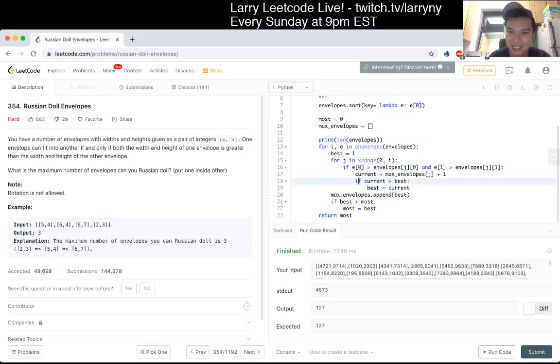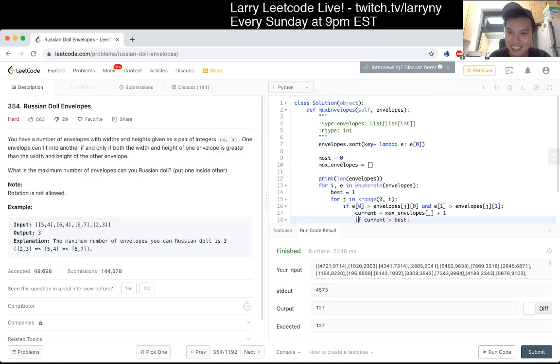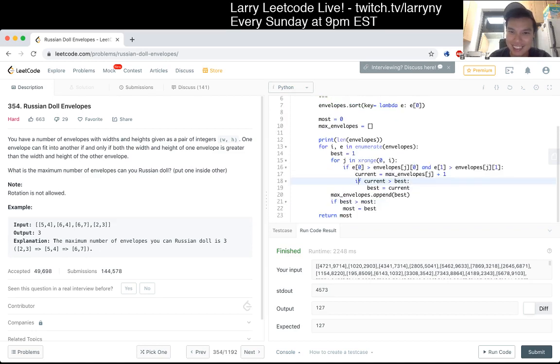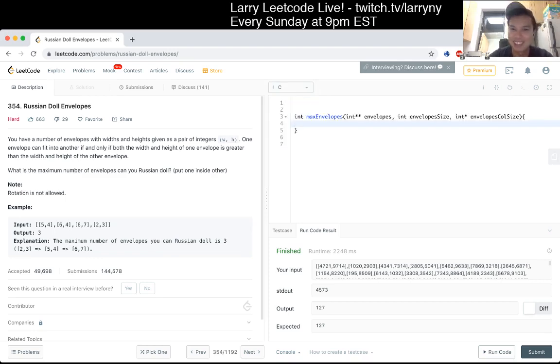Is it like a C++ thing, Python thing? Let me just give it a quick go. I could also do it in Go, but I hope it's not a Python specific reason. Let's see. I could type this pretty quick. This one's 5,000.